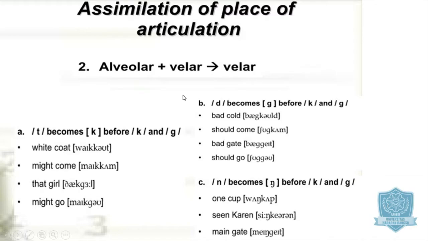T, then D, then N, these are all alveolar letters. And when they meet velars, like K and G, the result will be velar. So the velar affects the alveolar. For example, white coat becomes white coat.